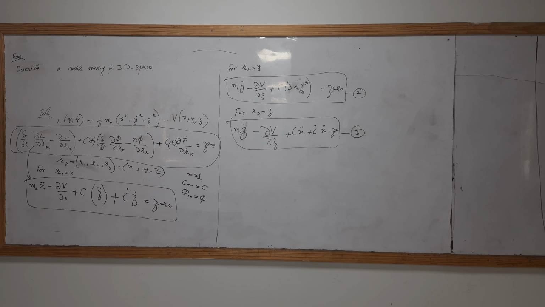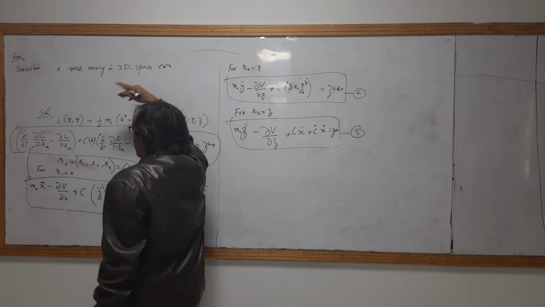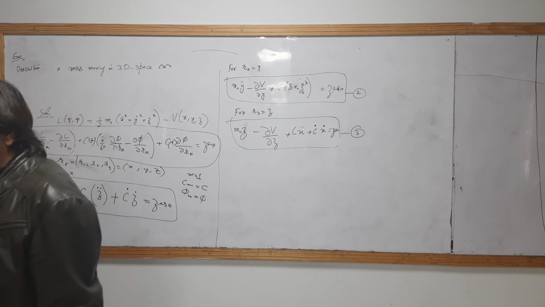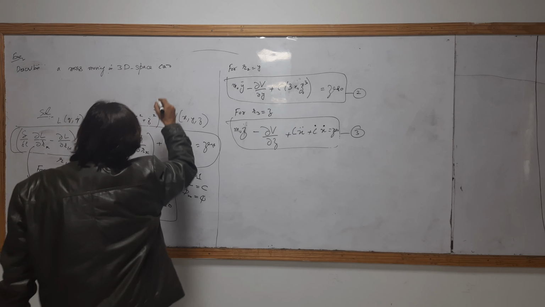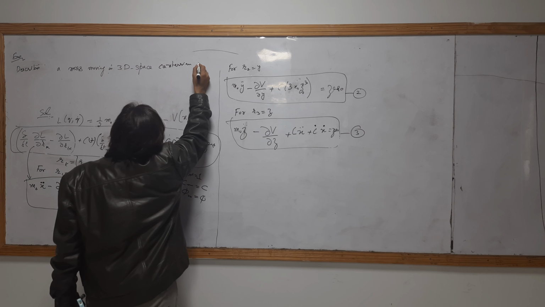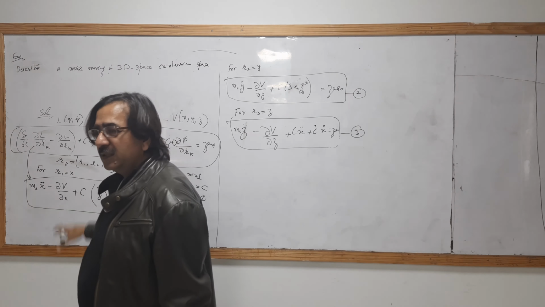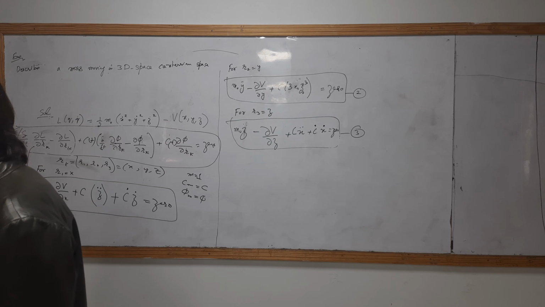I have not mentioned that this is the case for a mass moving in 3-dimensional Cartesian space. Yes, you must be right. Maybe I could solve in polar coordinates, but for simplification, I have taken only the Cartesian.